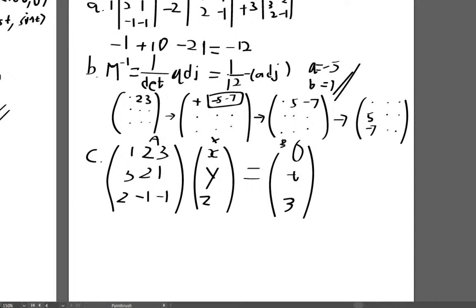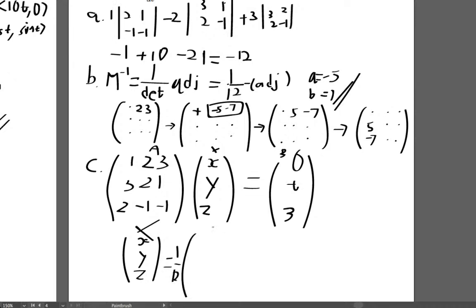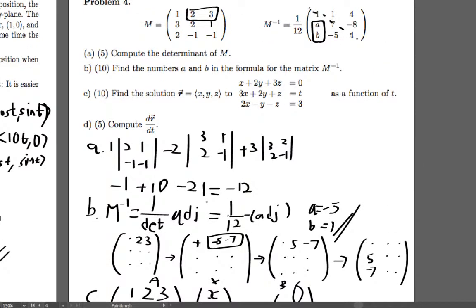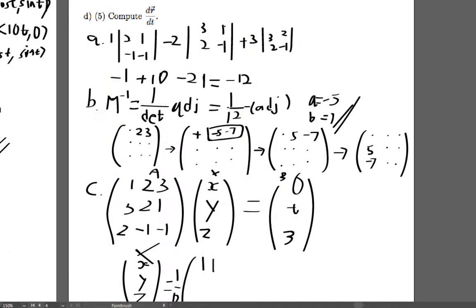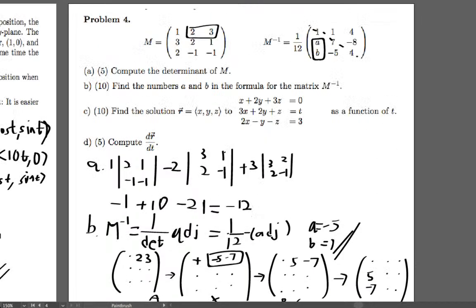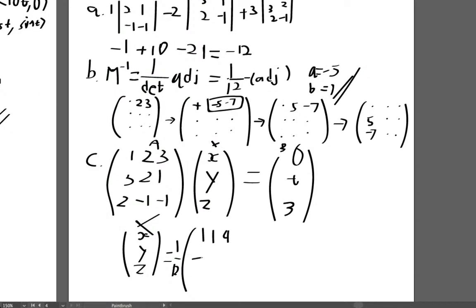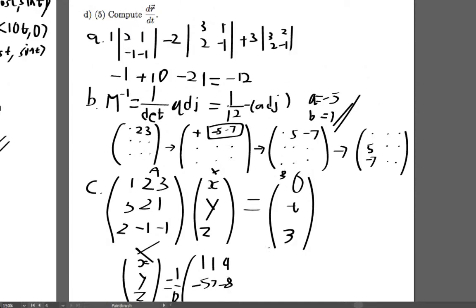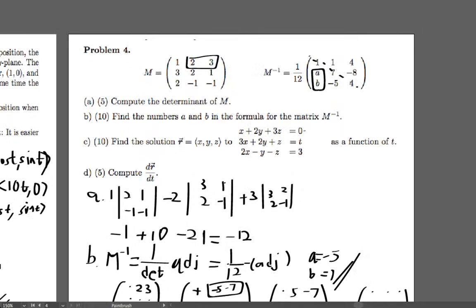That means x would equal A inverse, 1 over 12 of the crazy function that we have, 1 1 4, negative 5 7, negative 8, 7 negative 5 4.